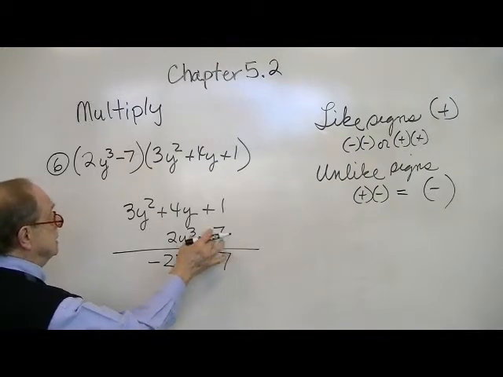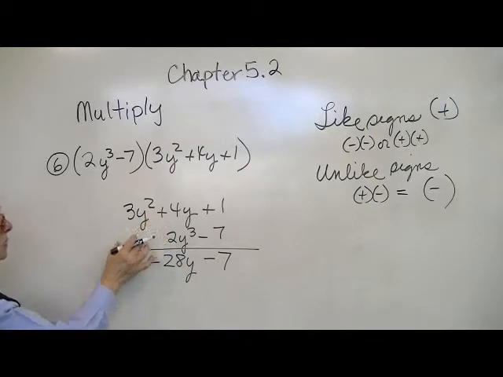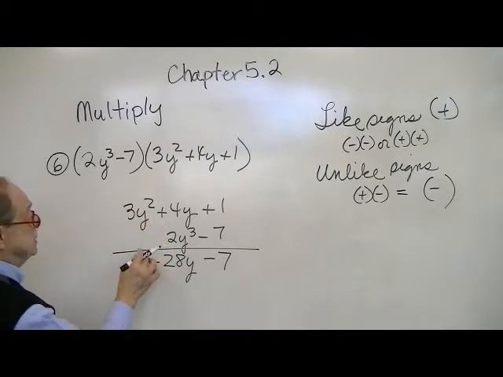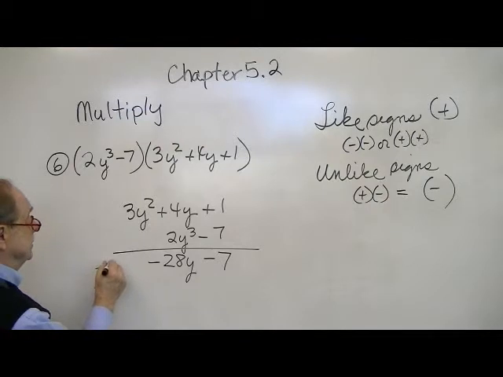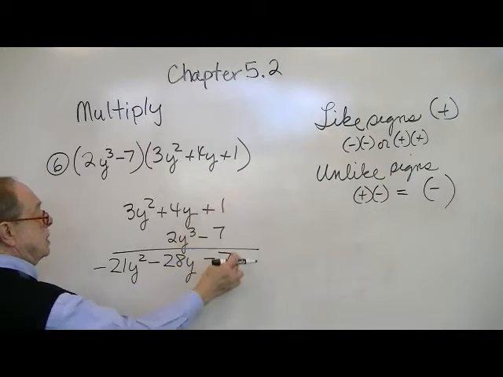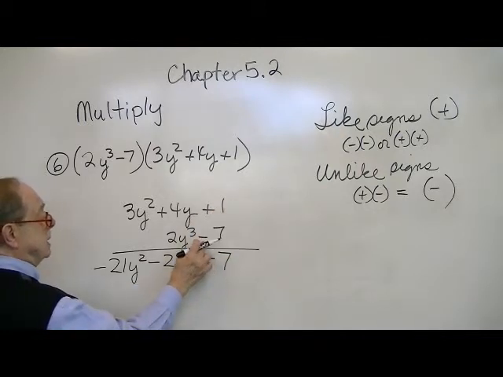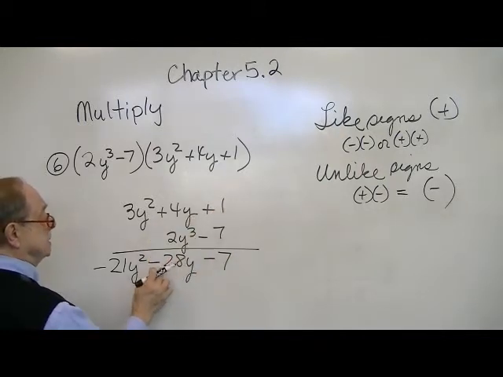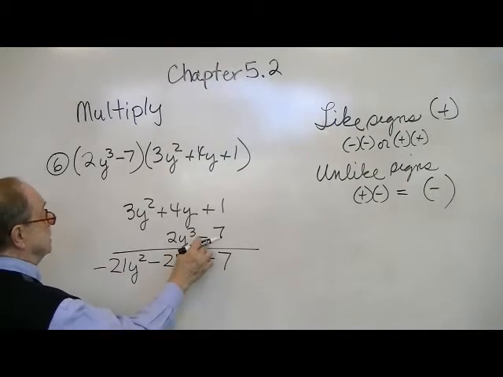Negative 7 times 3y squared is going to be a negative 21y squared. And again, never hurts to check your work. Negative 7 times 1, negative 7. Negative 7 times this, that's good.